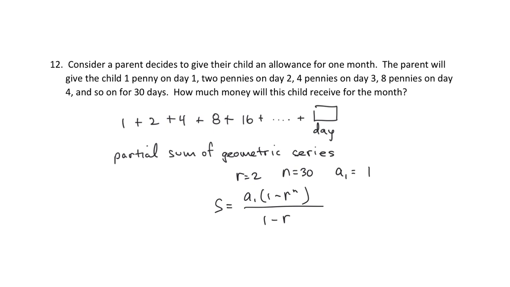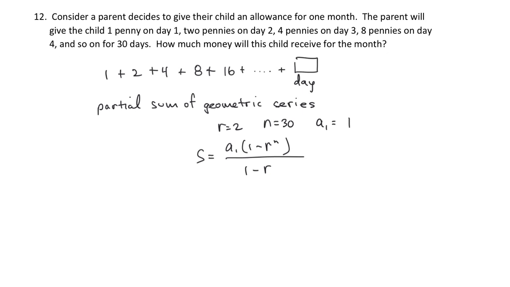So we have all the values that we need to use this partial sum formula. We actually don't need the value all the way here at the end. The partial sum formula will take that into account. We just need the first term, common ratio, and the number of terms being added together. So 1 multiplied by 1 minus 2 to the 30th power divided by 1 minus 2.